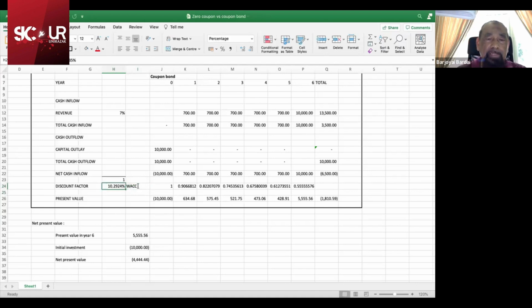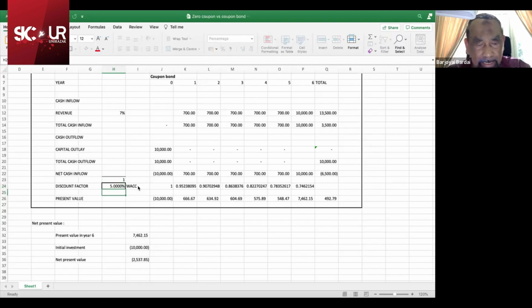So if our weighted average cost of capital is say 9%, then we see that it is not viable because it is negative 4,000. What about 7%? It is still not viable.